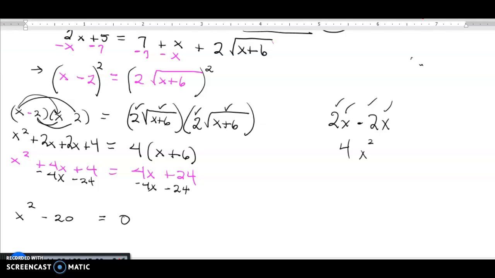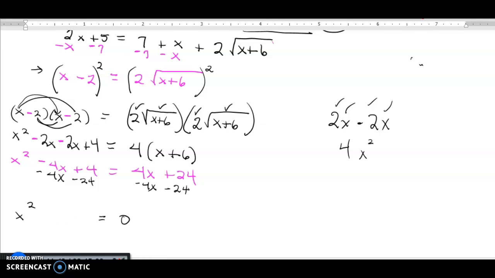This is not going to make a huge difference. So I would get minus 2x instead of plus. And I would get a minus 4x right there, minus 4x. And the rest would be the same. Sorry about that.